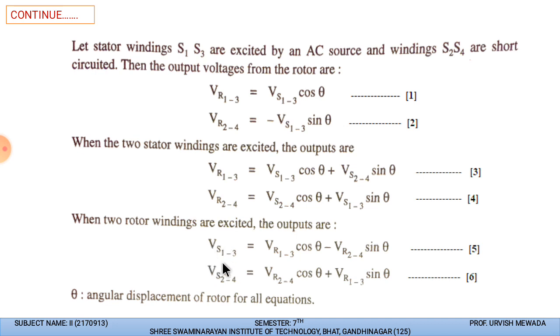That's why VS13 is VR13 cos theta minus VR24 sin theta, and VS24 is VR24 cos theta plus VR13 sin theta. These two equations are similar, just R and S are replaced. Theta is the angular displacement of the rotor for all equations.